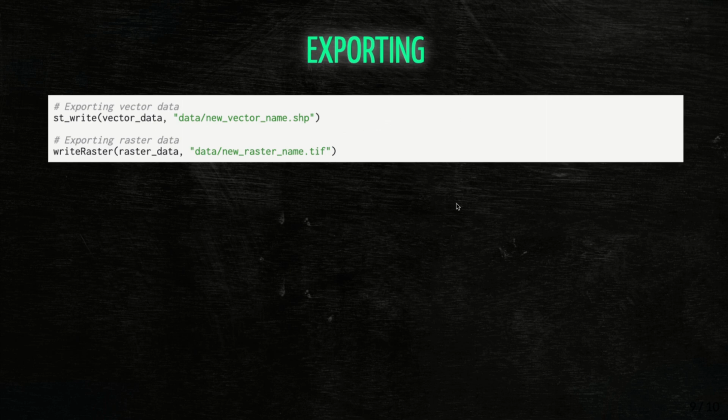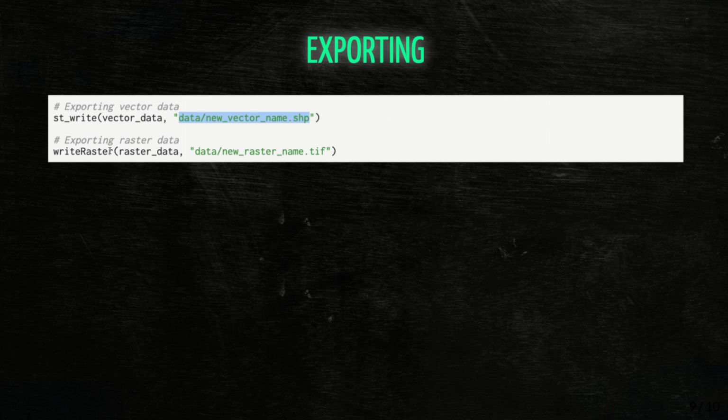Of course, we often have to export our work. So if we're working with vector data, the SF package has a st_write function in which we can specify the vector data that we want to export and give it a path and a name. So this will write the vector data on my computer in the shapefile format.